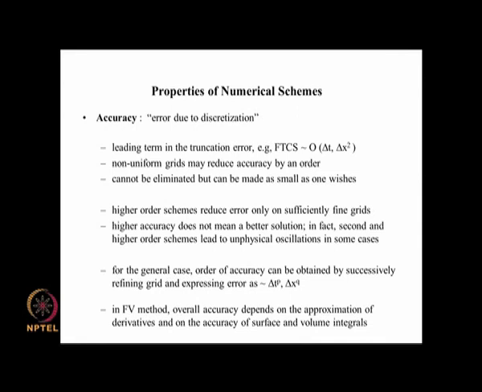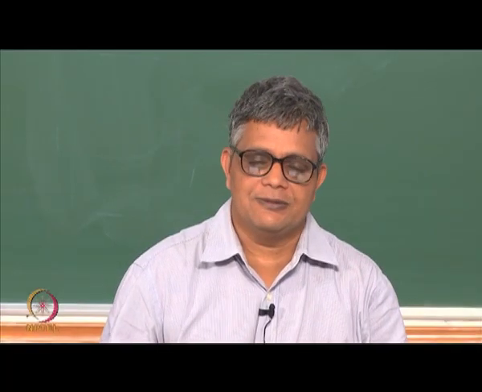And obviously the first property that we think about for a numerical scheme is the order of accuracy. In fact, this is what we started with. When we say order of accuracy, we mean error due to discretization and error due to approximation of the derivatives with finite difference approximations. This is essentially the truncation error, and it is the order of the leading terms in the neglected Taylor series expansion.